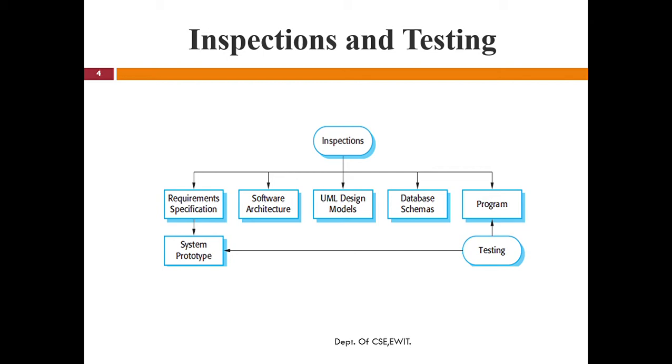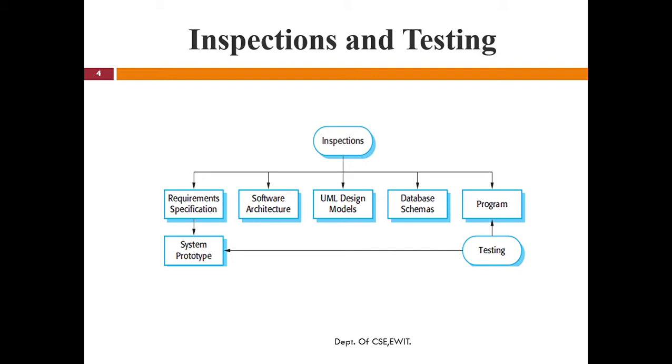Here, people will examine the source representation in order to detect defects, that is, to identify the bugs or the errors. So it's necessary to search the source representation. Inspections do not require execution of a system, so they are used before the implementation stages only, in the earlier stages.